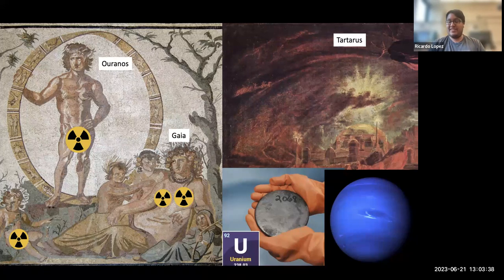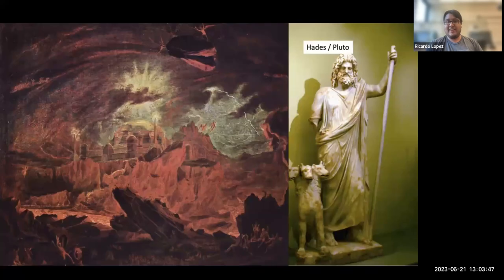Speaking of Greek mythology and the naming of elements, there's another element that's also very special for nuclear safeguards that also has this kind of quality. If we just talked about the underworld, we have the god of the underworld, Hades, or if you were Roman, you'd say Pluto.